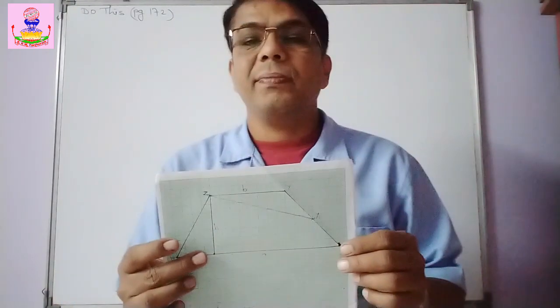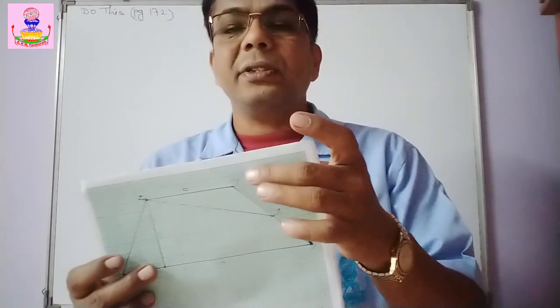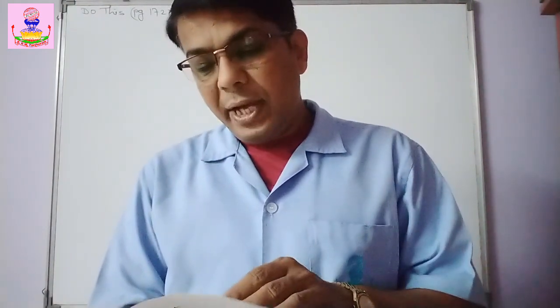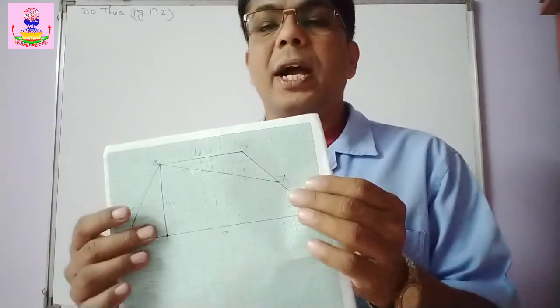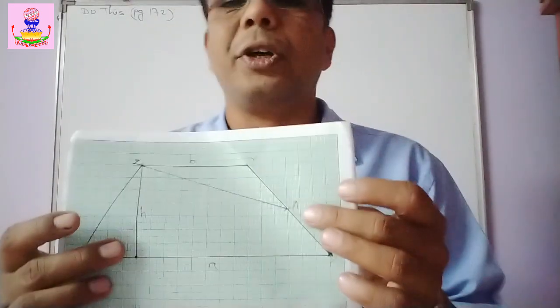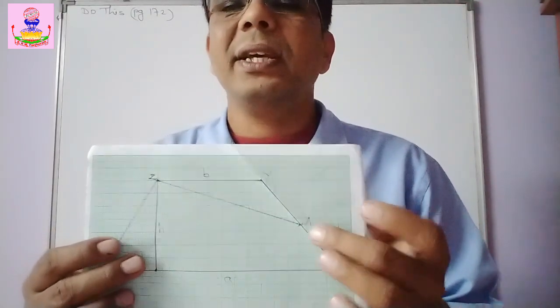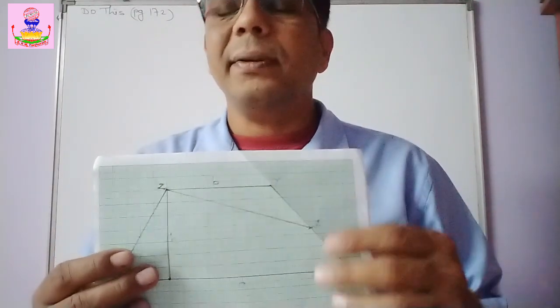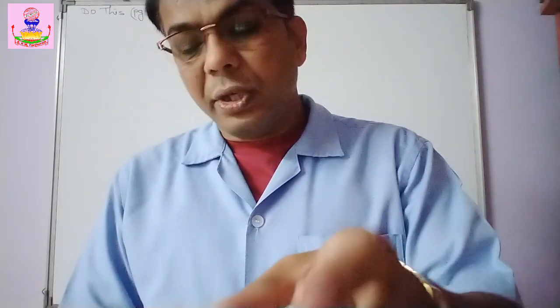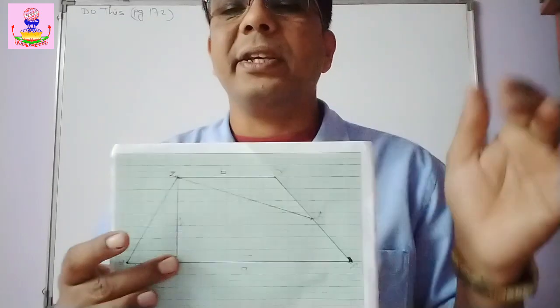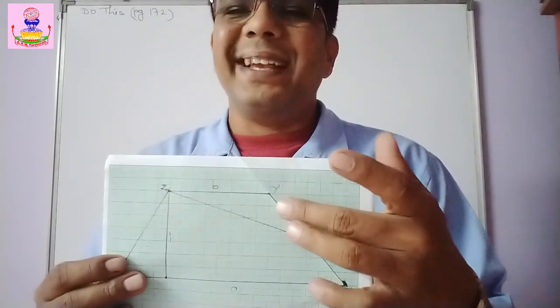Then I have determined the midpoint of this side, XY, and named it A. Then I have joined that A to Z. Now you get a triangle.